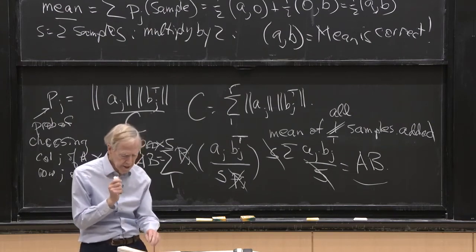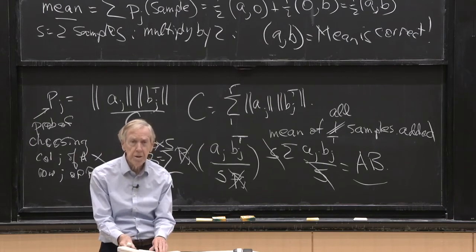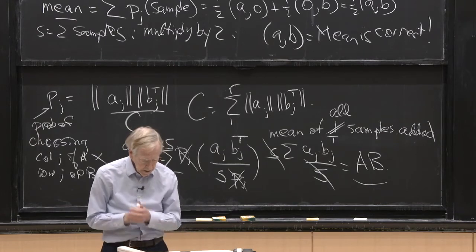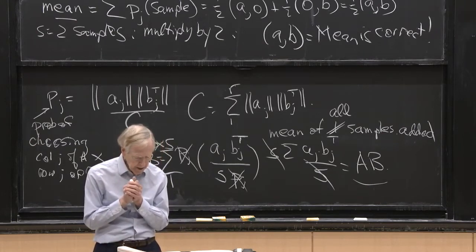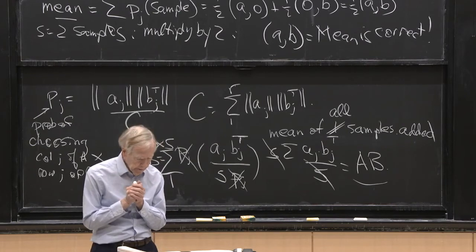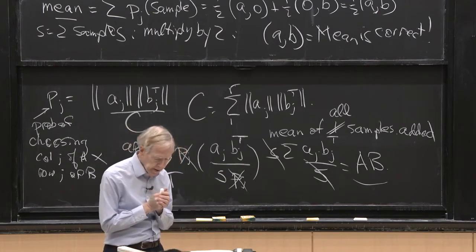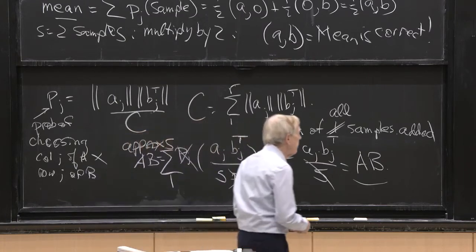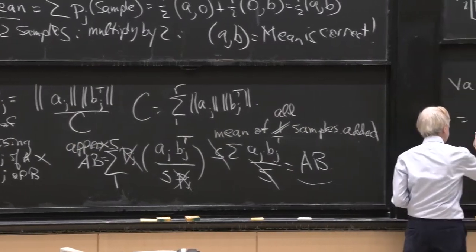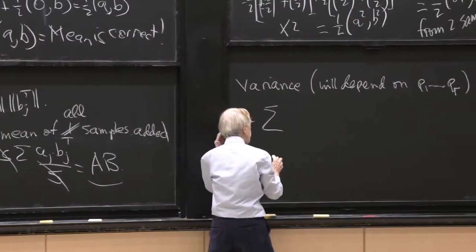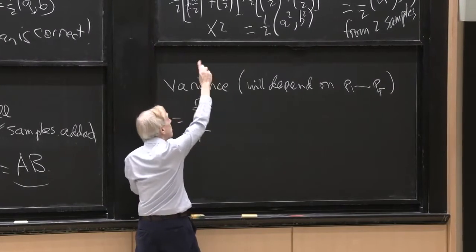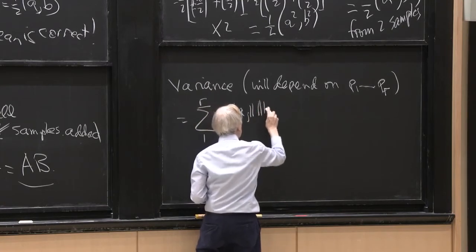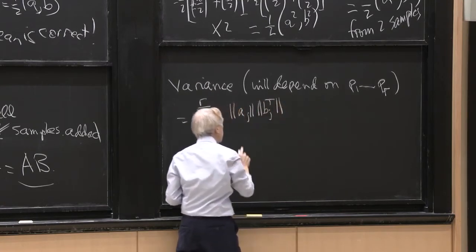My instinct is to tell you what this calculation produces, since you and I can read. Would you allow me to do that? So here, the variance for a sample turns out to equal, we will figure it out, the sum over, as it was up there, of the AJ, BJ transpose norms squared.